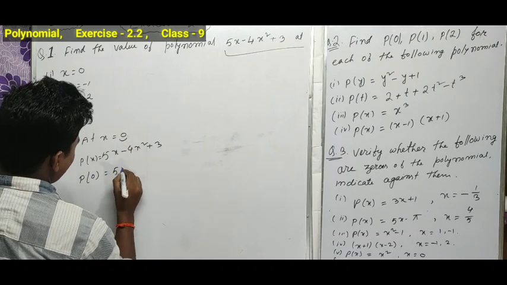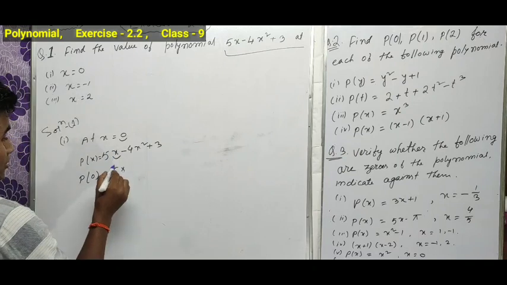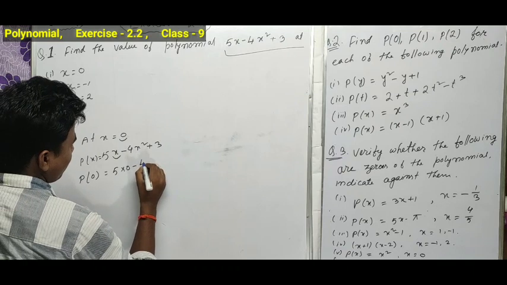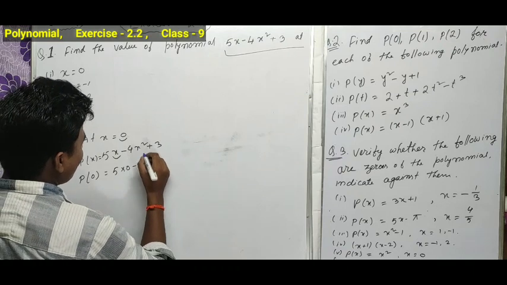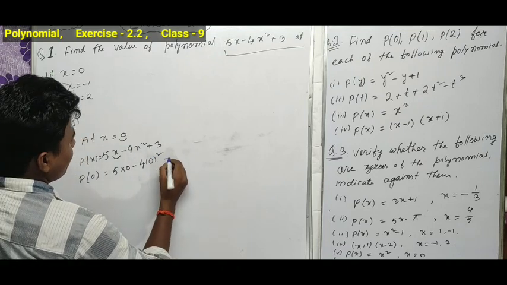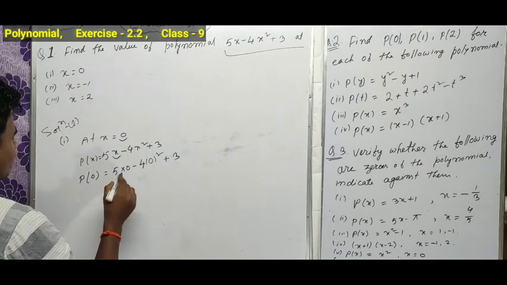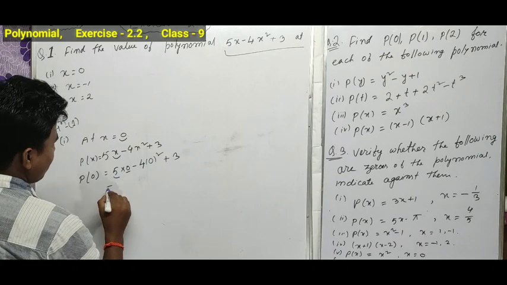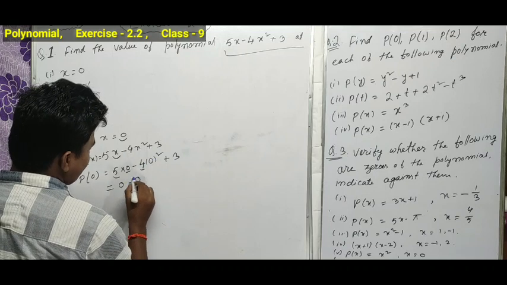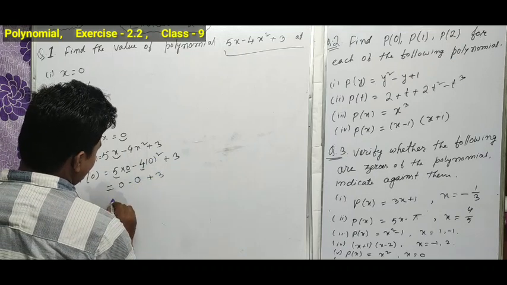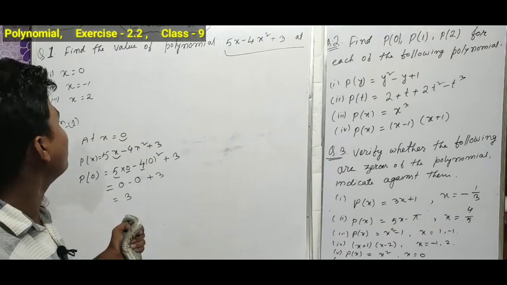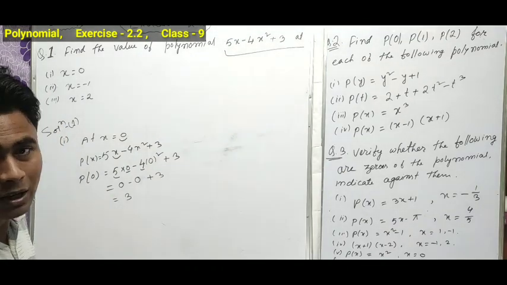That means in place of x we will put 0: 5 into 0, minus 4 into 0 square, and then plus 3. You can see 5 into 0 is 0, 4 into 0 square is 0, and plus 3 comes as plus 3. So this is the value of the polynomial, plus 3.